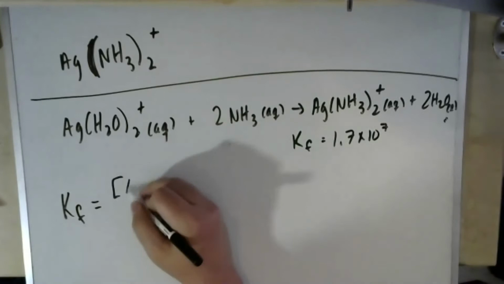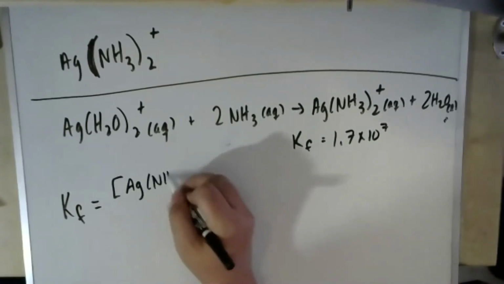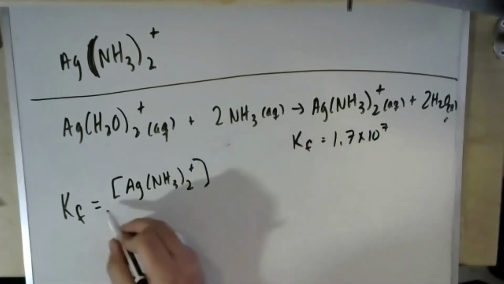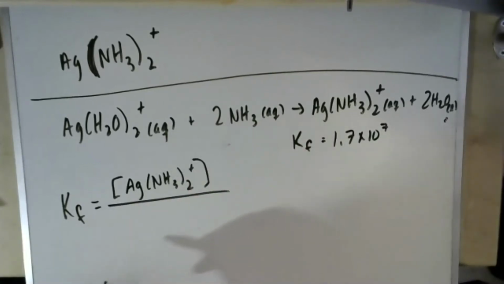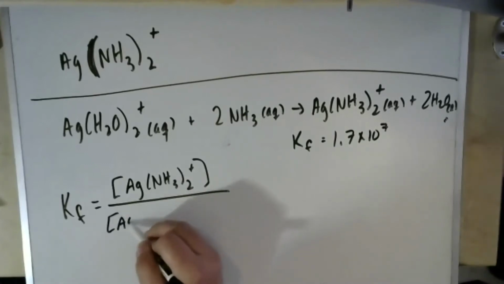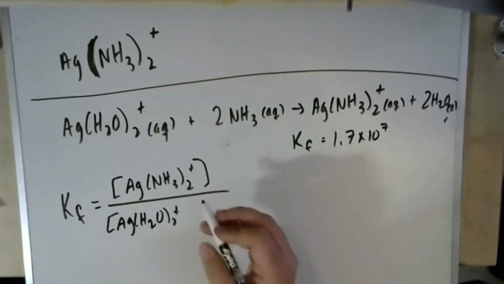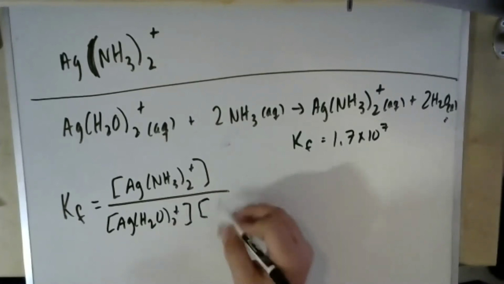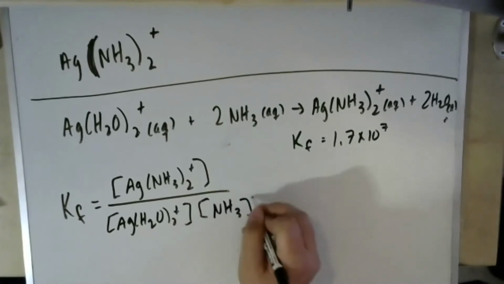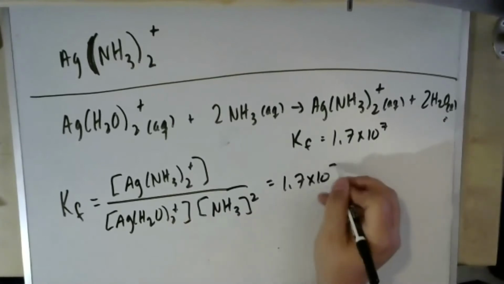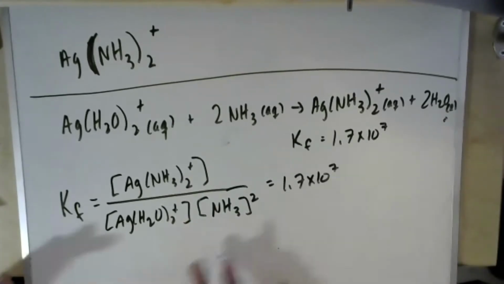Okay, so Ag(NH3)2 plus divided by Ag(H2O)2 plus times NH3 squared. Okay, and that would equal your 1.7 times 10 to the 7. Okay, so your complex ion formation uses the law of mass action the same way that your equilibrium constants did.